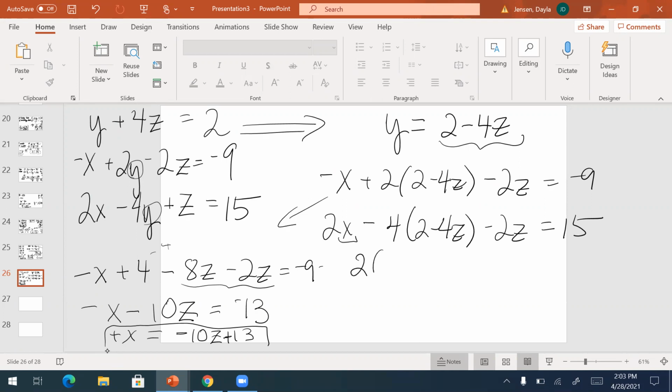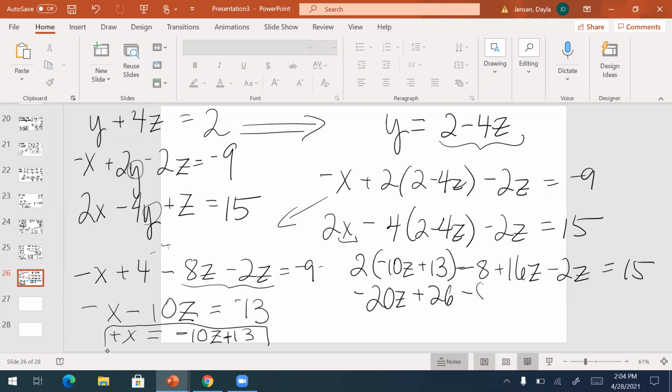So let's do that. 2 times negative 10z plus 13 minus, let's distribute that parentheses, 8 plus 16z minus 2z equals 15. That's minus 20z plus 26 minus 8 plus 16z minus 2z equals 15.